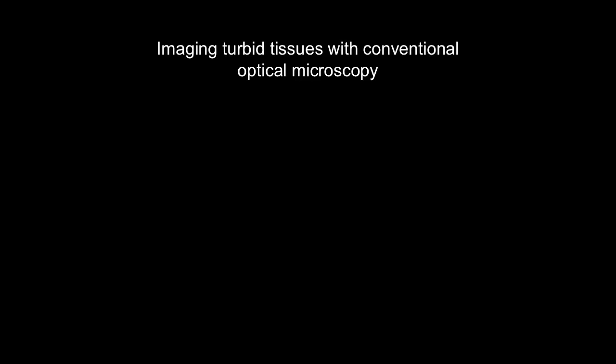Imaging turbid tissues with conventional optical microscopy. I like to make sure that we understand the answer to the question: why do we need to use optical microscopy to image turbid tissues? Why don't we image cells in a dish to learn about tissues?